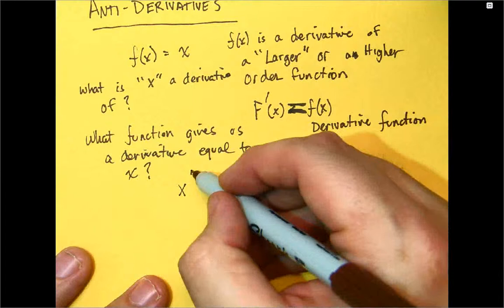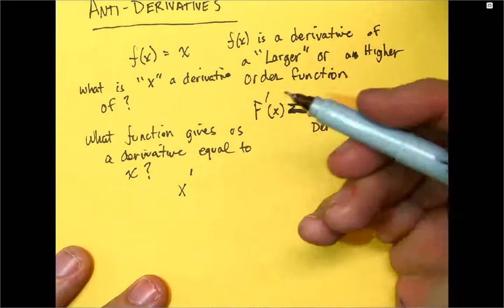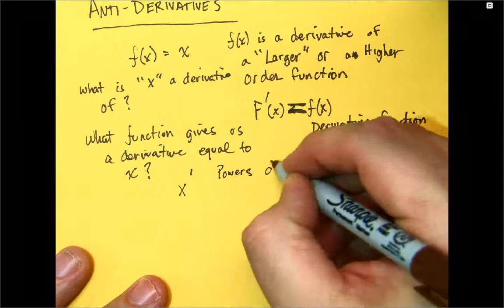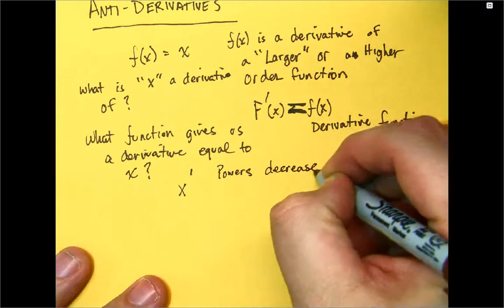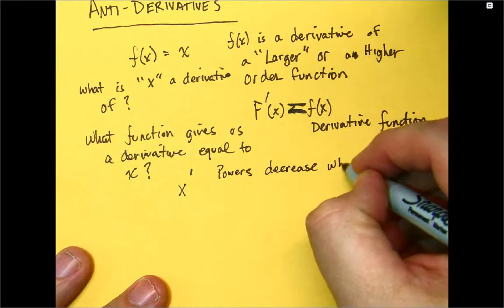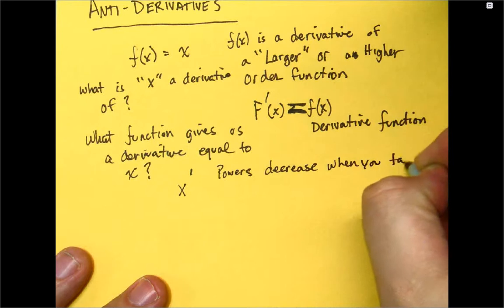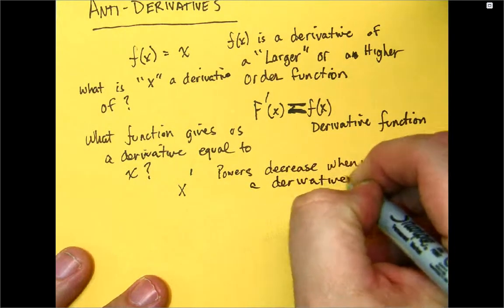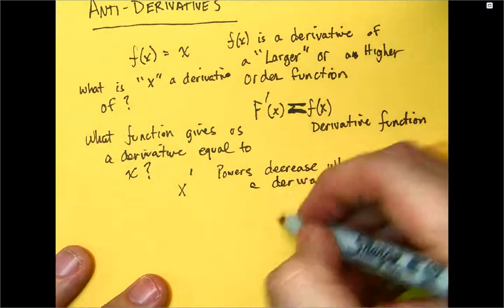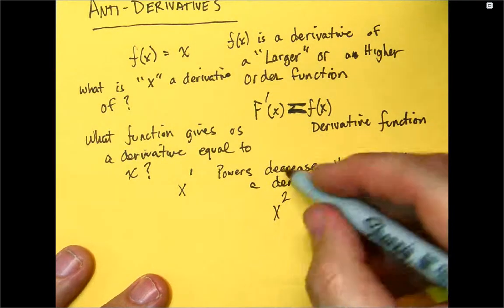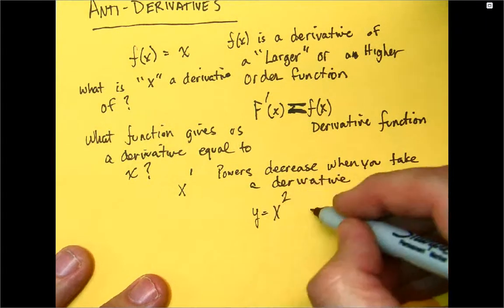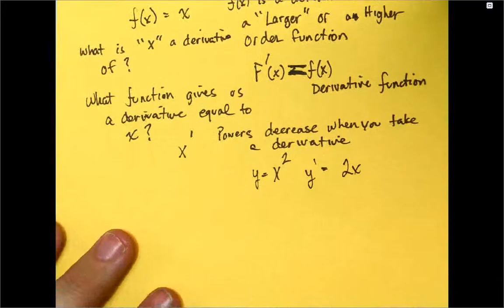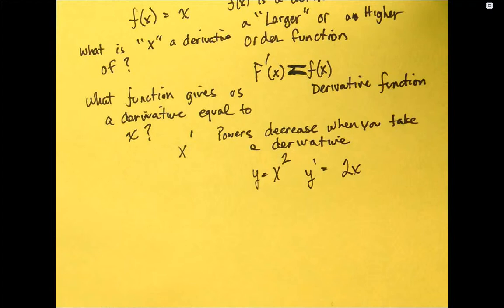Now, derivatives, what happens to the power with derivatives? Well, powers decrease when you take a derivative. Think of x squared. If y is equal to x squared, what's y prime? That's 2x. Alright, so that's a start.